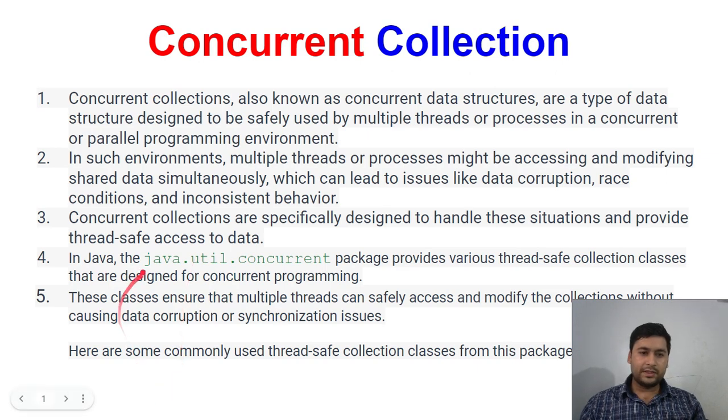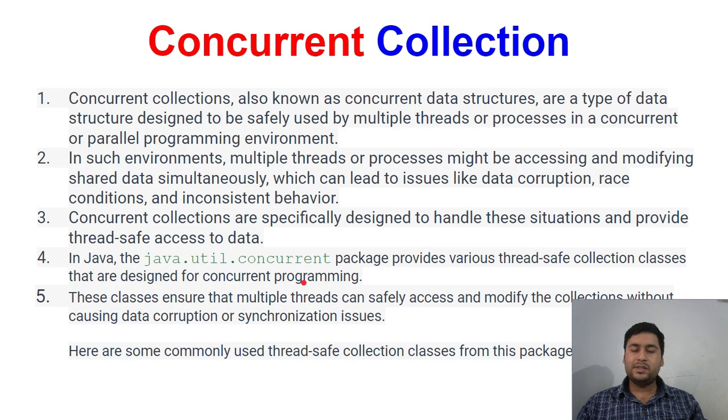Let's go forward to the fourth point. In Java, the java.util.concurrent package provides various thread safe collection classes. This package is available from 1.5, I think, and 1.5 had lots of improvements. The package provides various thread safe collection classes designed for concurrent programming.